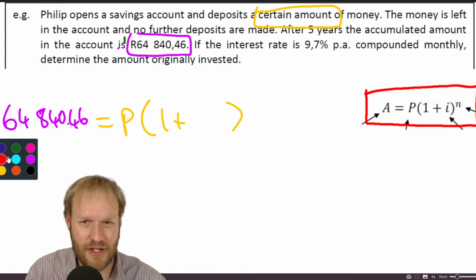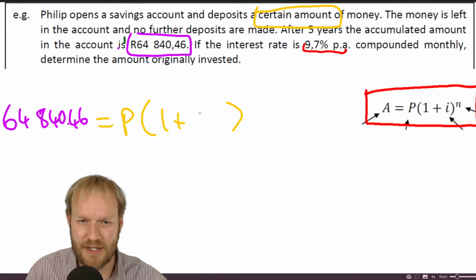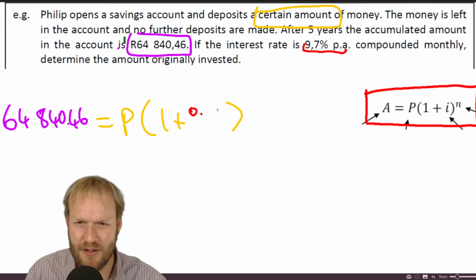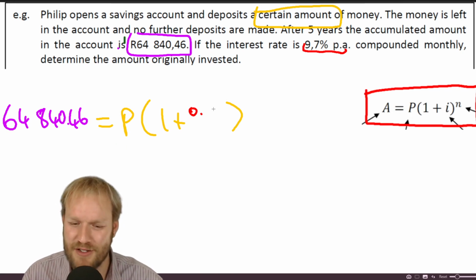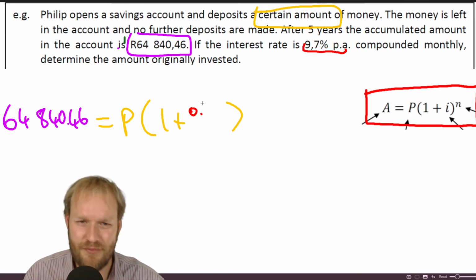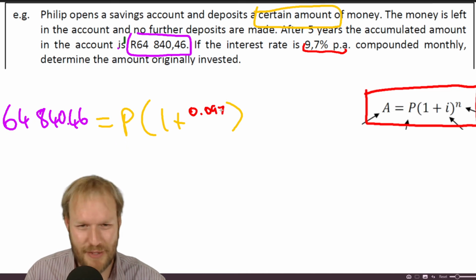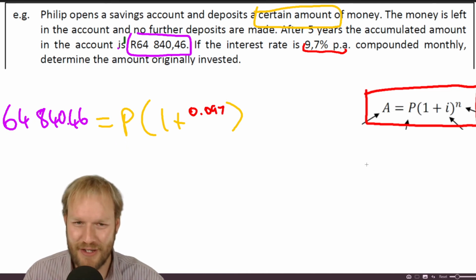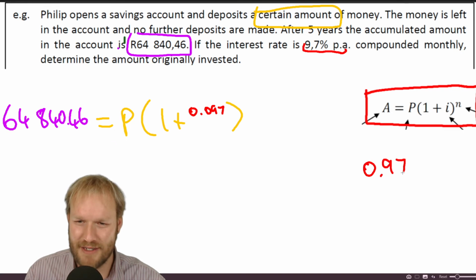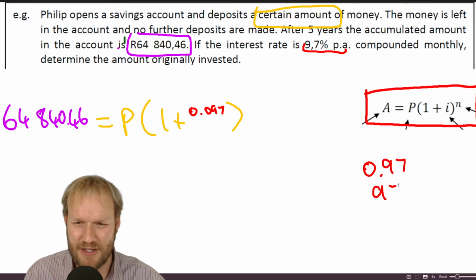So what's 9.7% as a decimal? 0.097. Now be careful, because it's so easy to write 0.97, but that's almost 1. That's actually 97%. Quite a big difference.